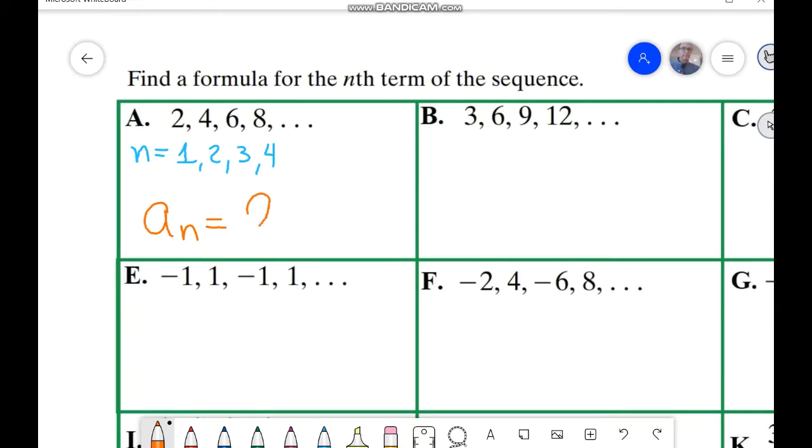So we can calculate each term by multiplying n by 2. This is the right answer for letter A. Now, work by yourselves. I will check attendance real quick and we can get back and work together.